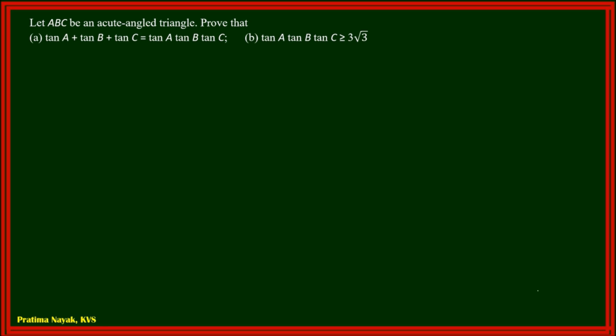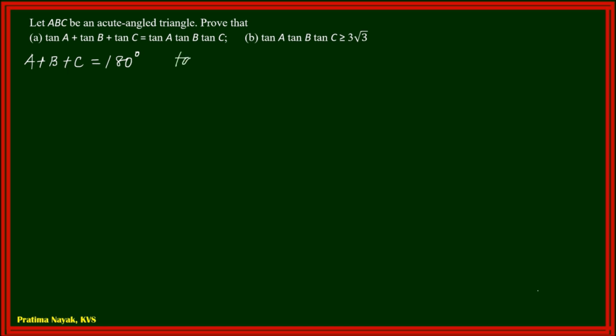For this, we need two things to recall. In any acute angle triangle, we know that A plus B plus C is equal to 180 degree, or we say pi.